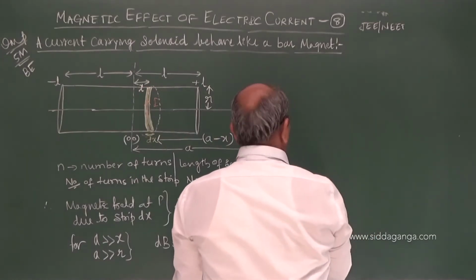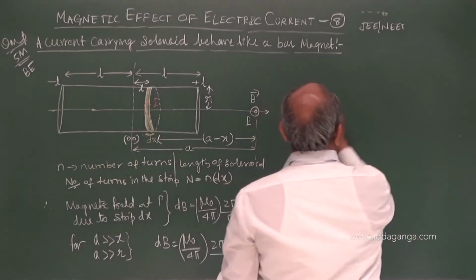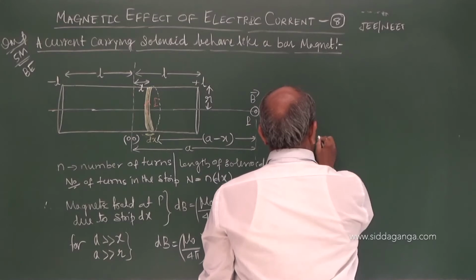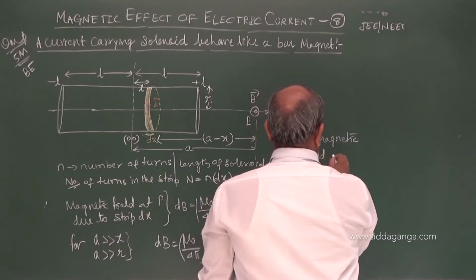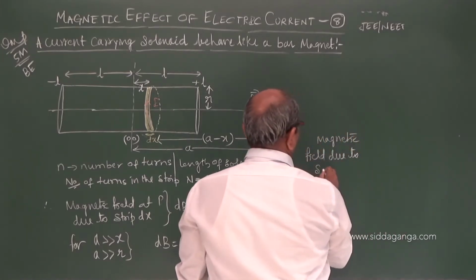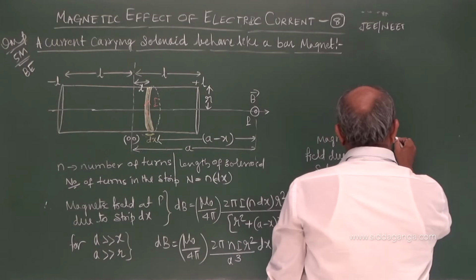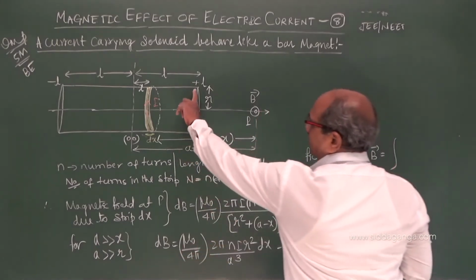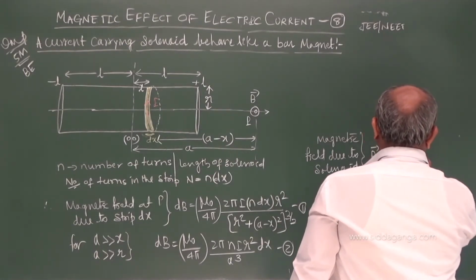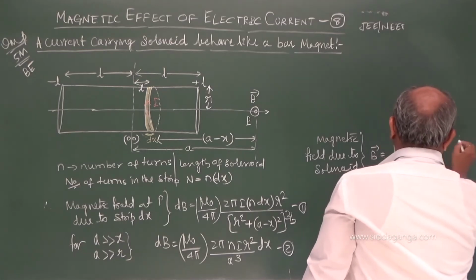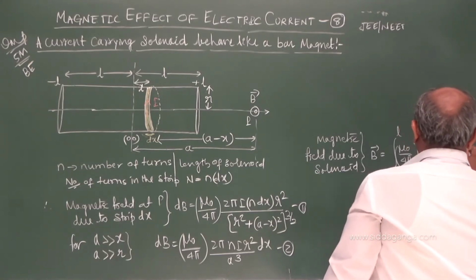Now coming to the magnetic field due to the entire solenoid, B equals the integration, which I can extend from minus L to plus L, of mu naught upon 4 pi, 2 pi n I r square by a cube into dx.